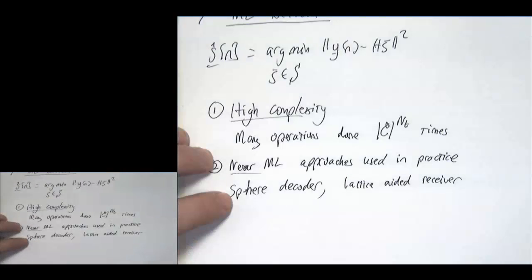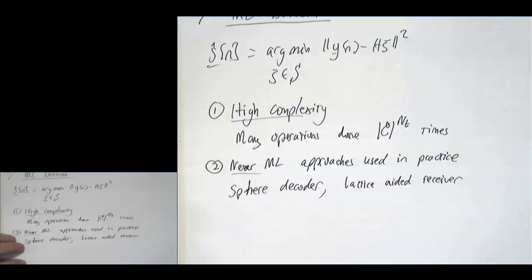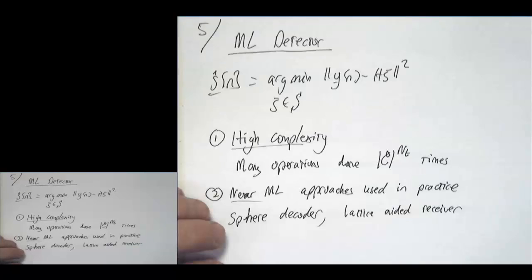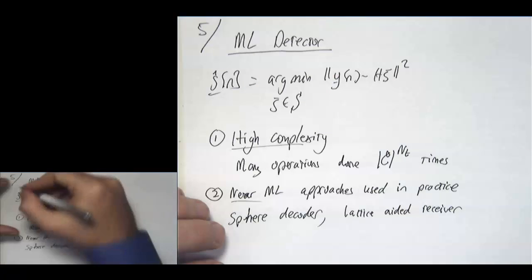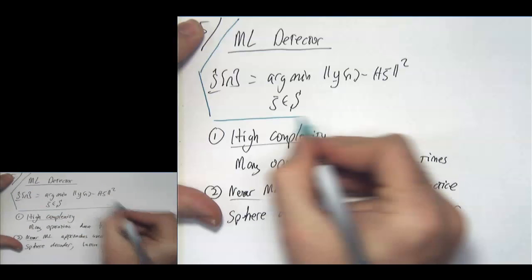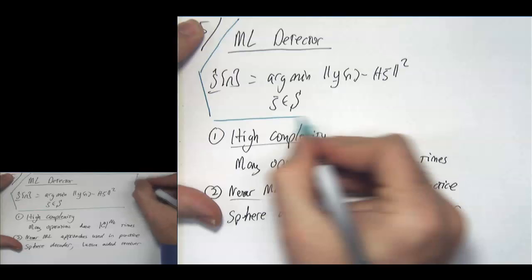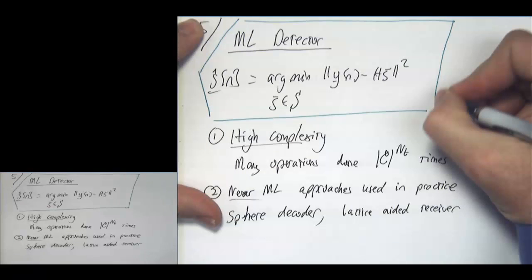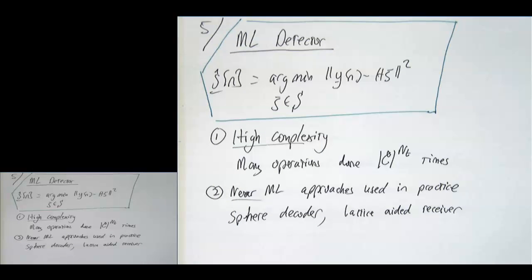Any questions on the detector here? Yes? The complexity is because the constellation size has increased.